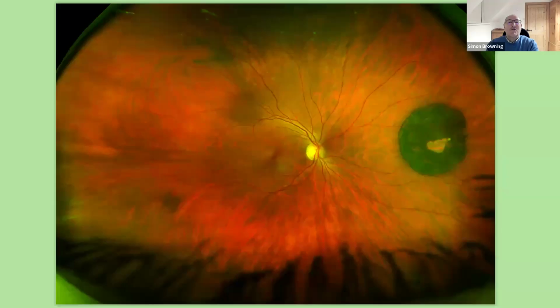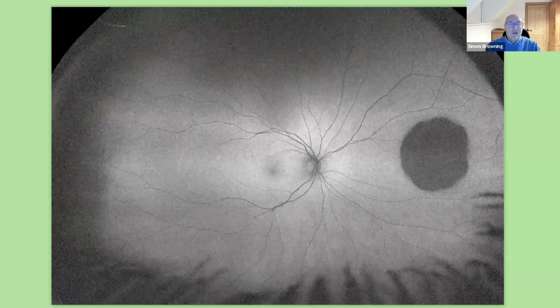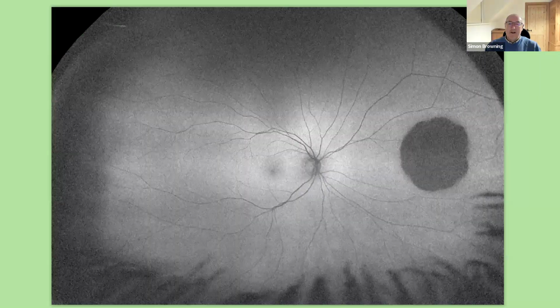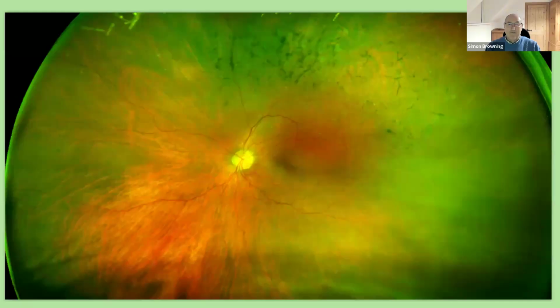So you're looking at the structure. Here, you're looking at the functionality. There is no functionality there. The whole area is dark. So excellent diagnostic tool there to help you differentiate between different types of lesion. So structure, function. Very, very clear example there.